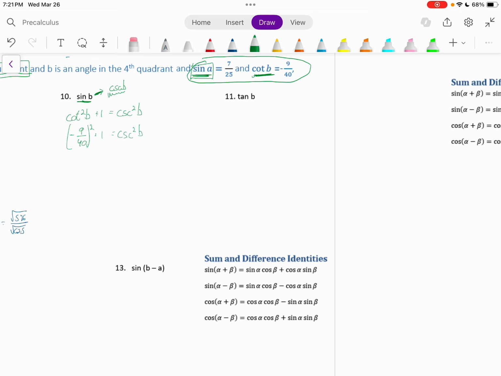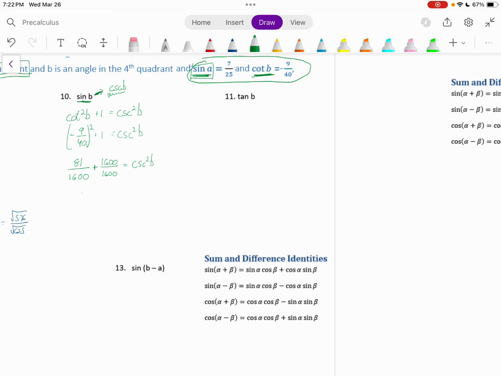Negative times a negative is positive, so we have 81 over 40 times 40, which is 1,600, plus 1. I'm just going to write this with a common denominator, we want a denominator of 1,600. So there's a form of 1 that will be helpful.